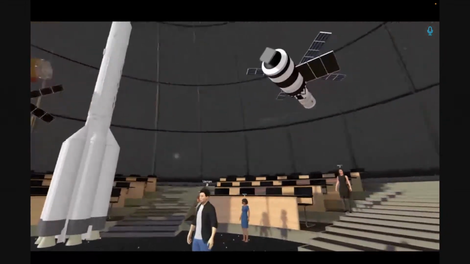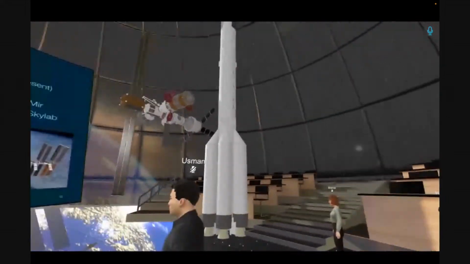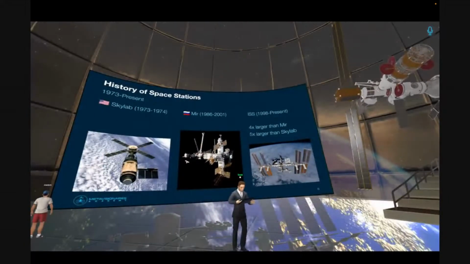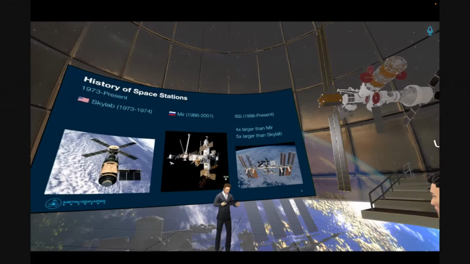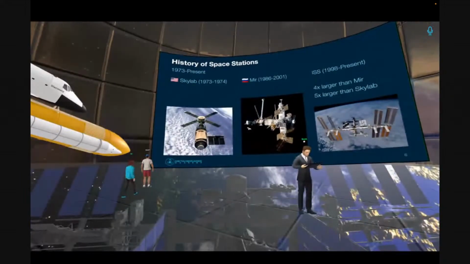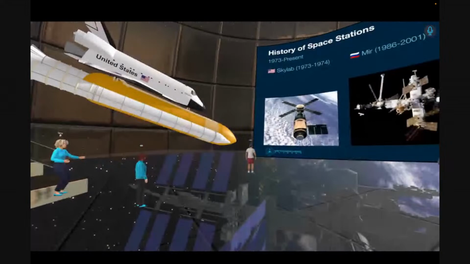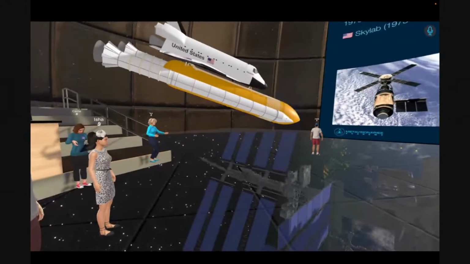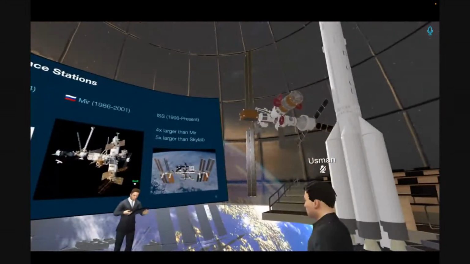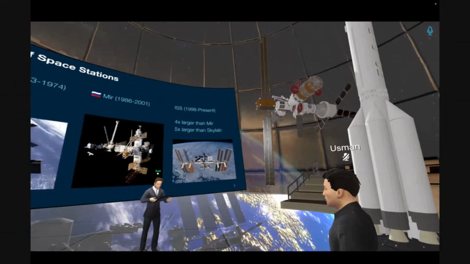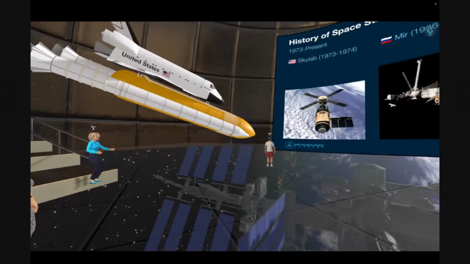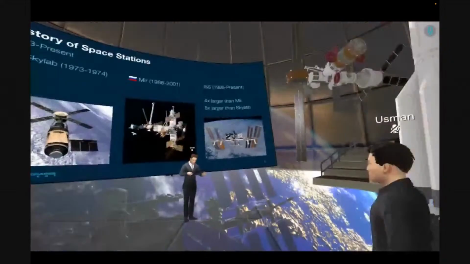The next space station on this slide is called Mir, and it was in operation from 1986 to 1997 and then decommissioned in 2001. And it wasn't the next space station after Skylab. There were several space stations between Skylab and Mir, but this space station Mir was the crown jewel of Russian space stations.